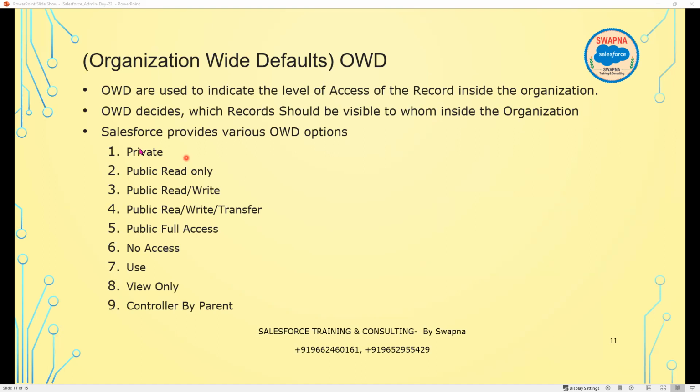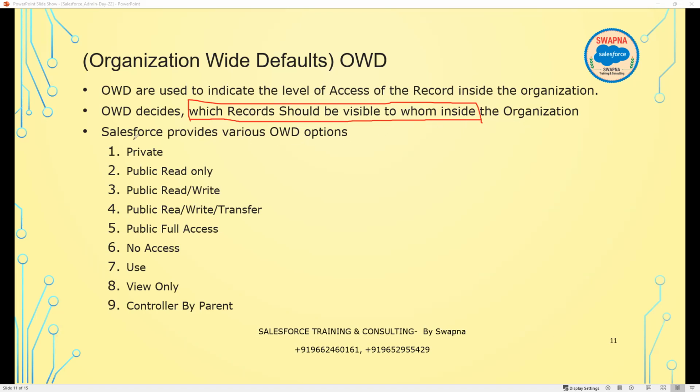That means OWD decides which record should be visible to whom. OWD plus role, both will be deciding which record should be visible to whom inside the organization.